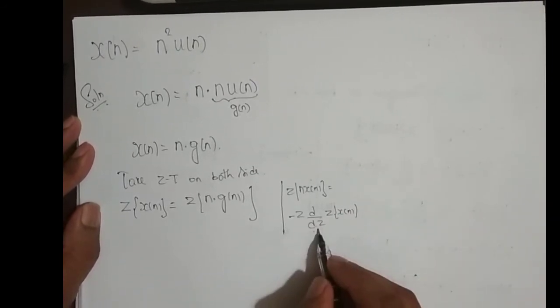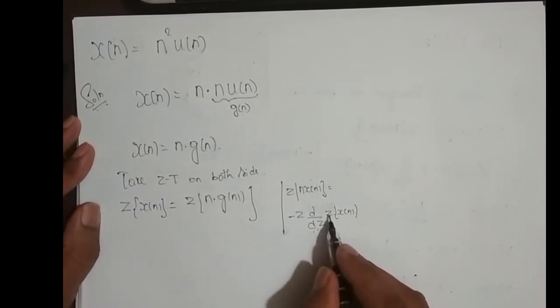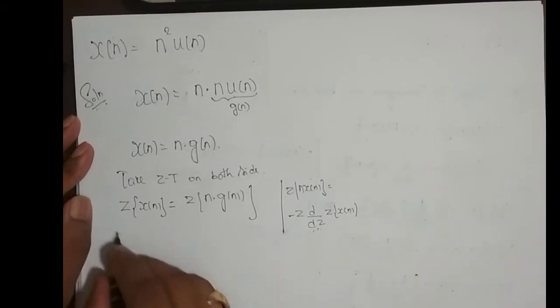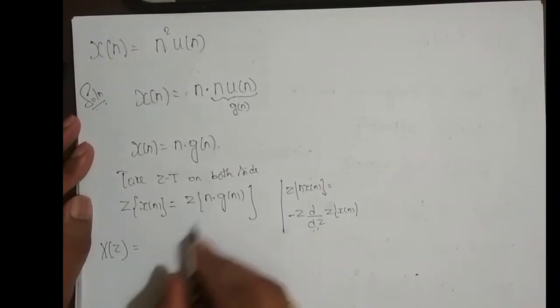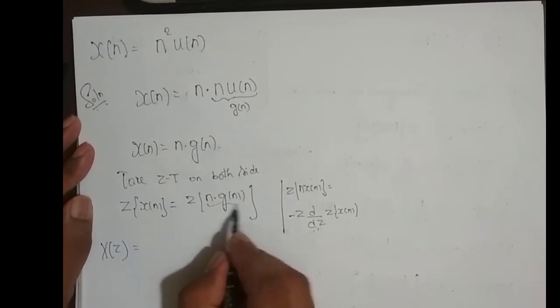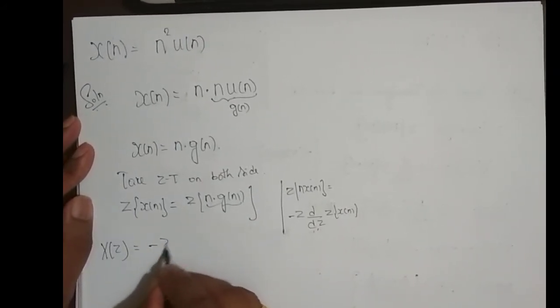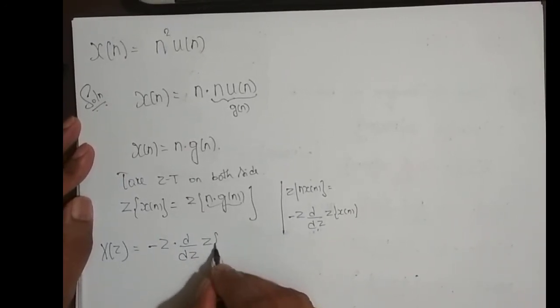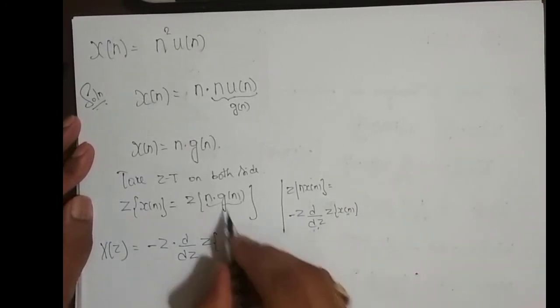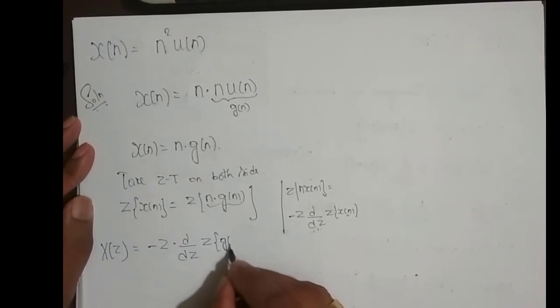So it is minus z into d by dz of X of z, but instead of writing X of z, I'll write it as Z transform of x of n. So what do I get? What is the Z transform of x of n? It is X of z is equal to, what is the Z transform of this term? It is nothing but minus z into d by dz of Z transform of g of n, right? And what is x of n? x of n is g of n.